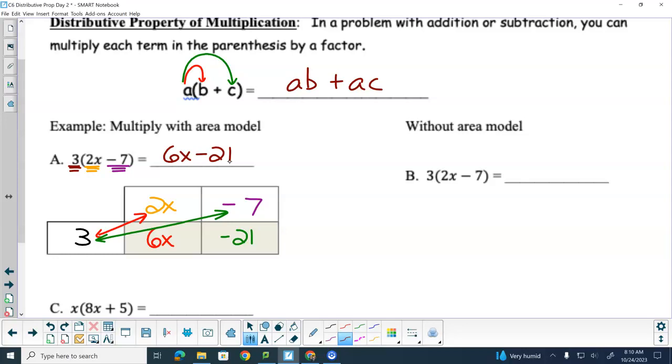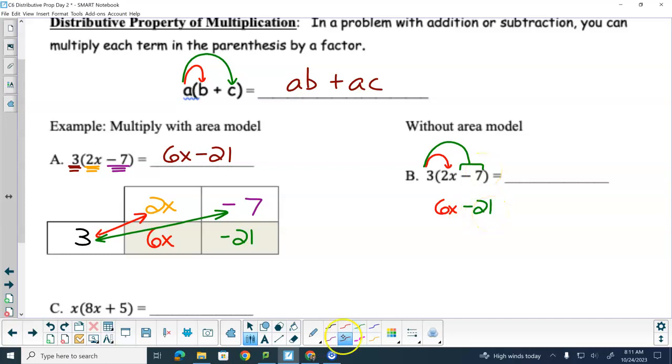Without an area model, because let's be honest, area models take up a lot of space, that's where those arrows come in. We go 3 times 2x is going to be 6x. 3 times negative 7 is going to be negative 21.